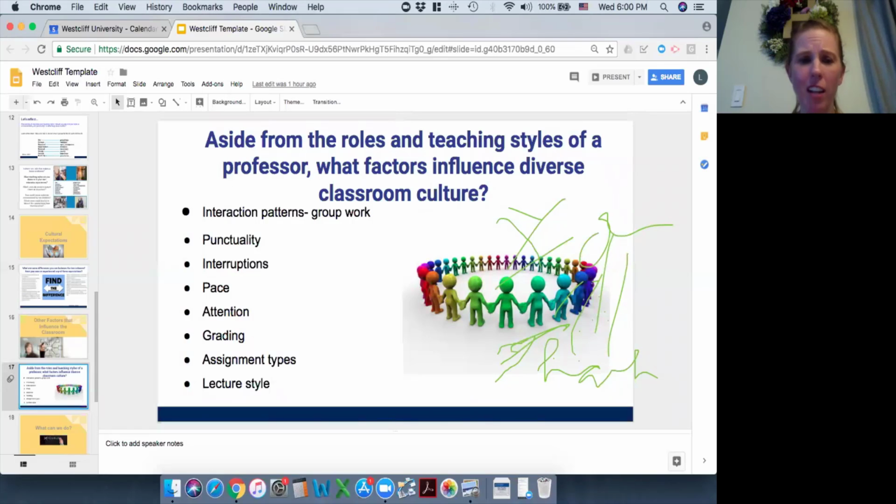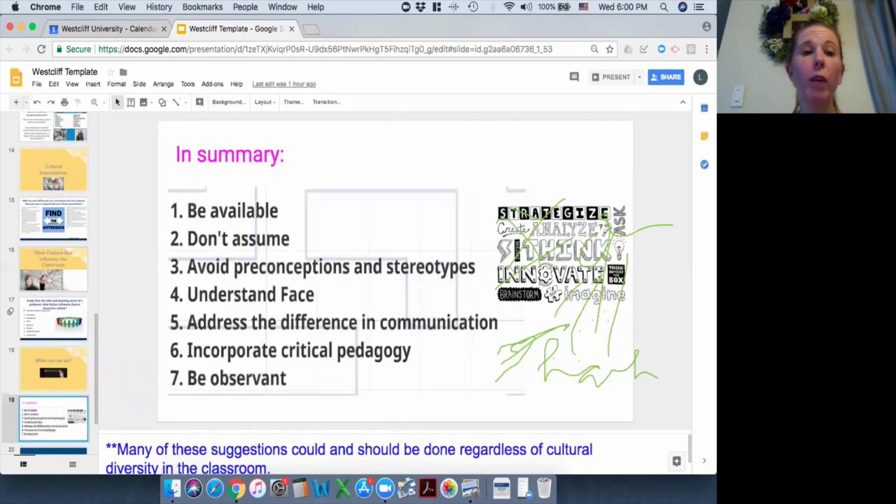Obviously today we had a different punctuality idea when we started 10 minutes later. Pacing, moving too fast, interruptions, how we grade different assignment types. All of these actually factor into what influences a classroom. And so it's not just the roles, the styles, students' preconceived notions, but it's also all of these factors as well.